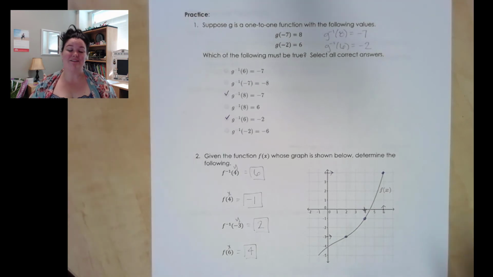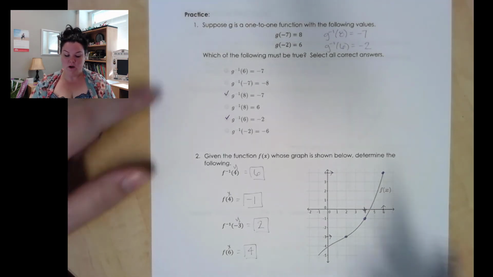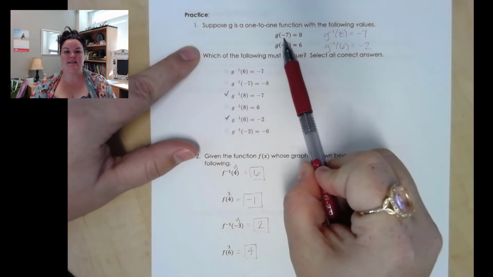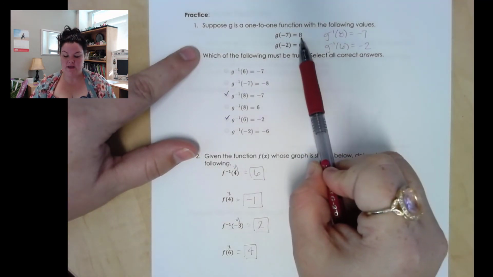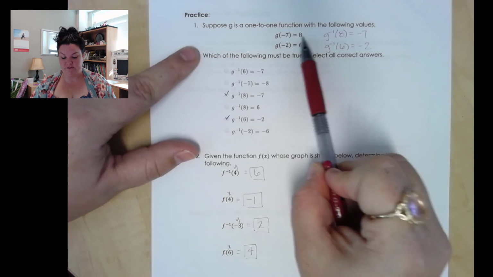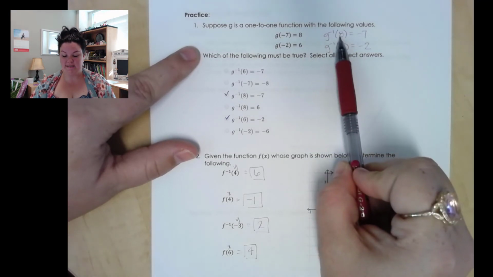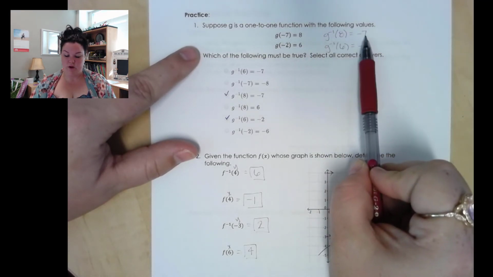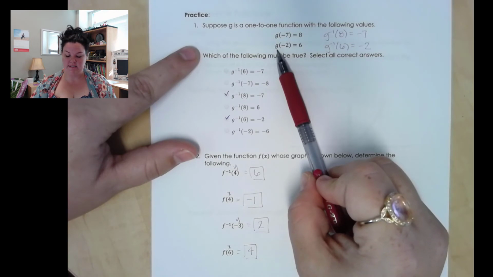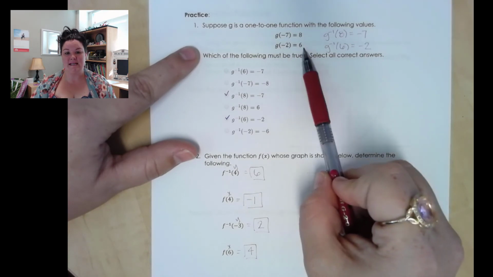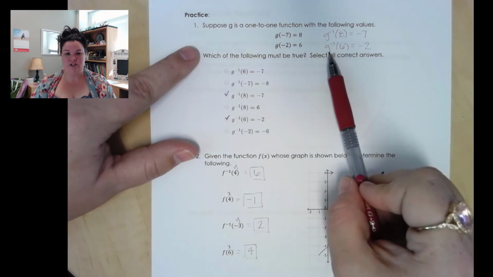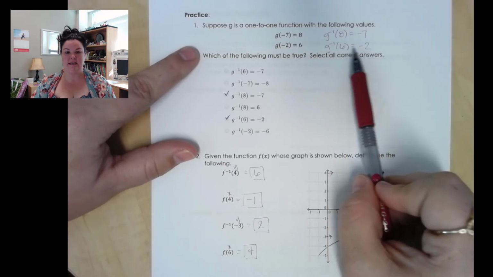All right, so let's go ahead and look at the practice problems that you just did. Number 1, we're given that g sends -7 to 8. That means in the inverse function of g, 8 will be sent to -7. We also are given that g is sending -2 to 6. So in our inverse function of g, 6 would be sent to -2.